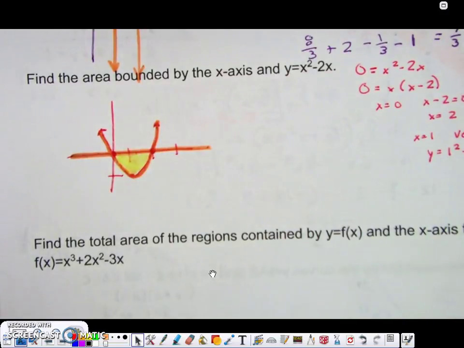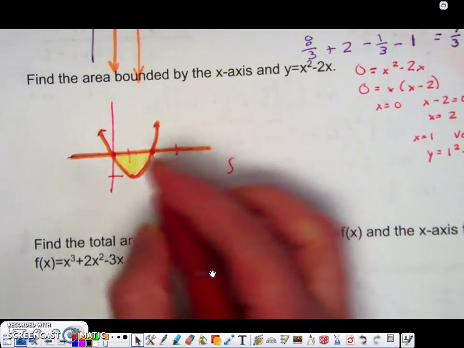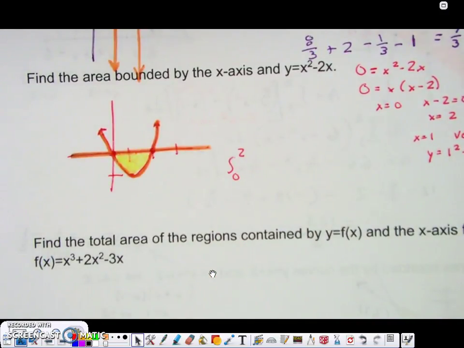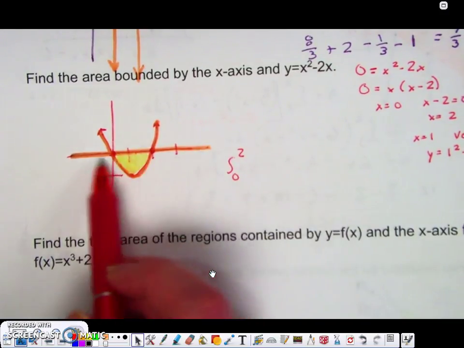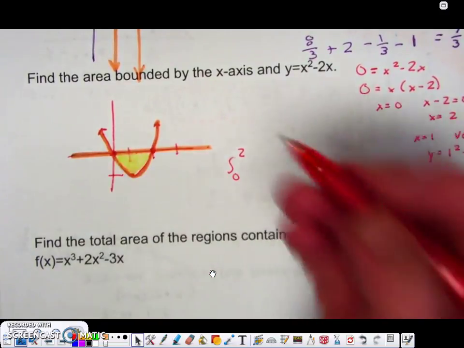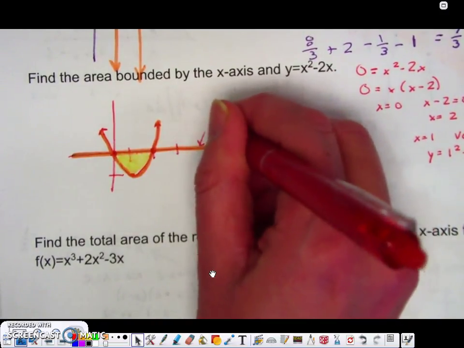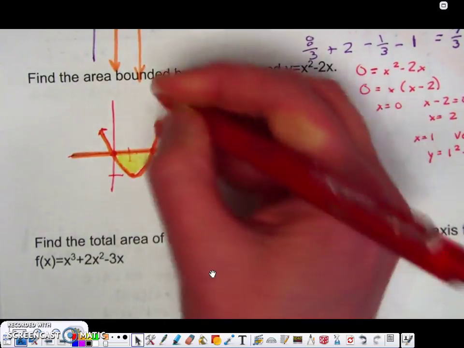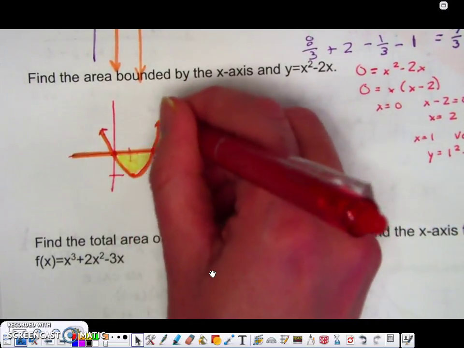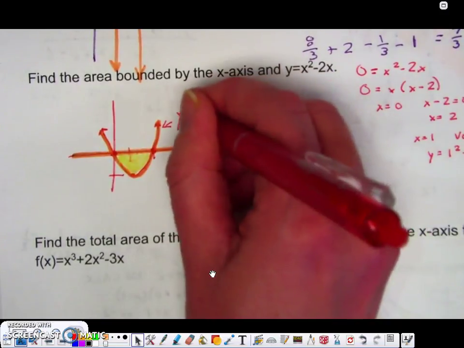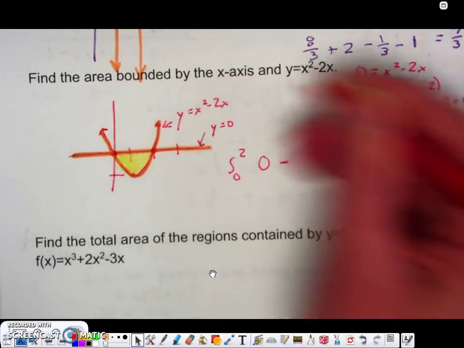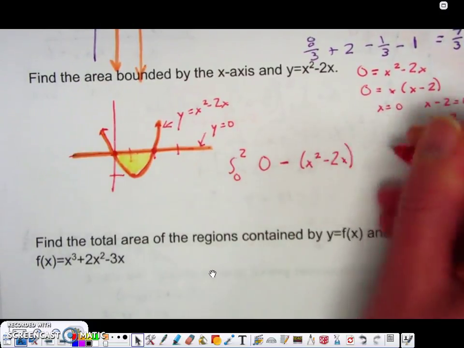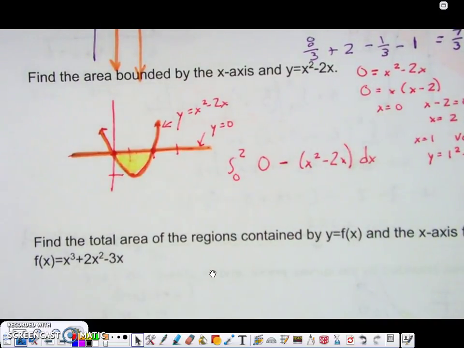And we're going to integrate. These are our bounds, going from 0 to 2 of the top curve minus the bottom curve. So the top curve in this case is the x-axis, and that has equation y equals 0. So the top curve would be 0 minus the bottom curve, which is just our parabola, x squared minus 2x, dx.